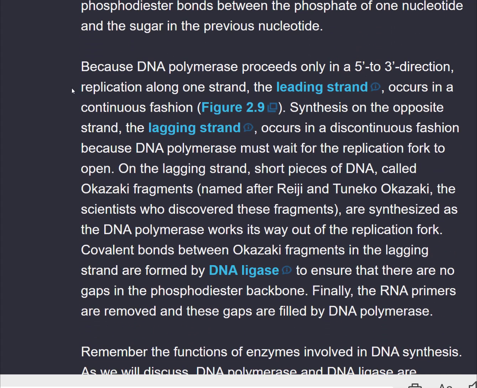Leading strand. The leading strand is defined as, during DNA replication, the strand of newly synthesized DNA that is copied by DNA polymerase in a continuous fashion, 5' to 3', into the replication fork.